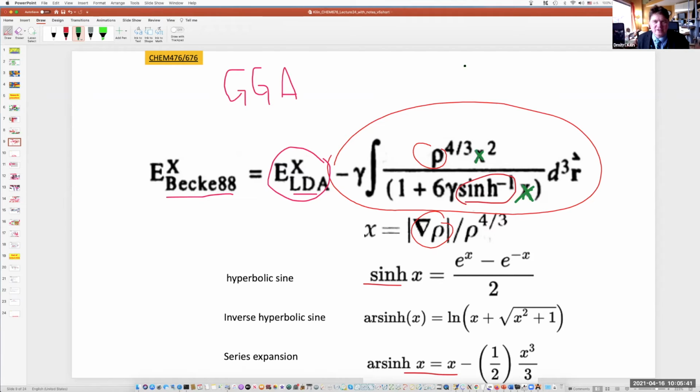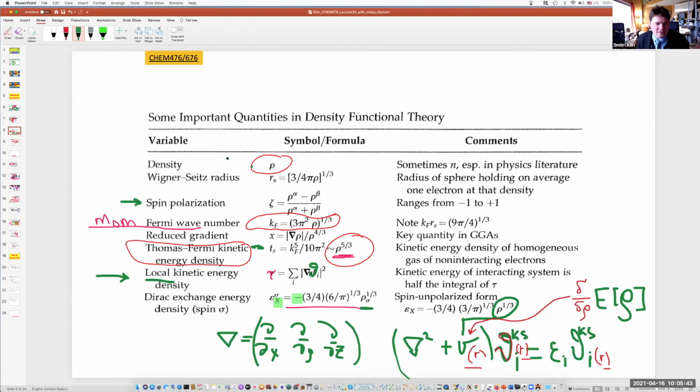So we go to the table and see, okay, X is the gradient of density divided by density to the power 4/3. And if we look further into more advanced functionals, they will include some or all of this terminology. So it's kind of a dictionary.